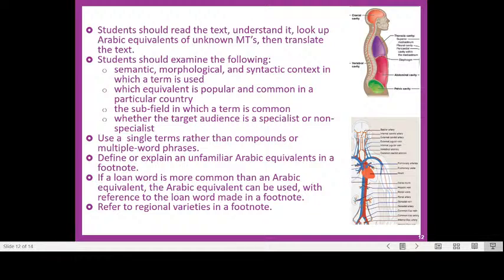They should examine the equivalent that's popular and common in a particular country. They should examine the medical subfield in which a term is common, and whether the target audience is a specialist or non-specialist.